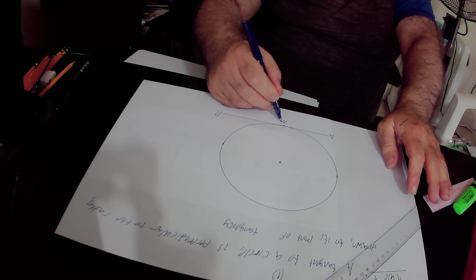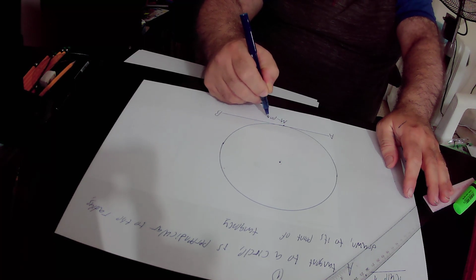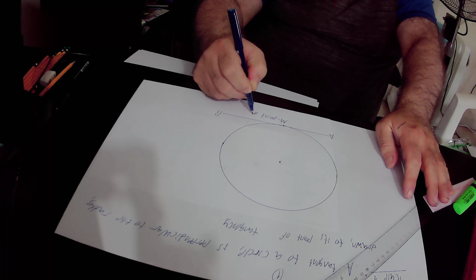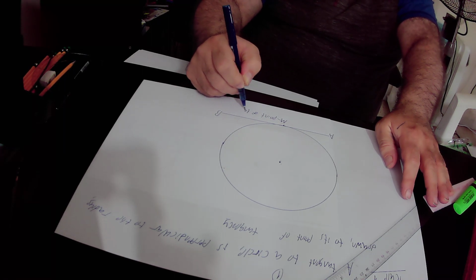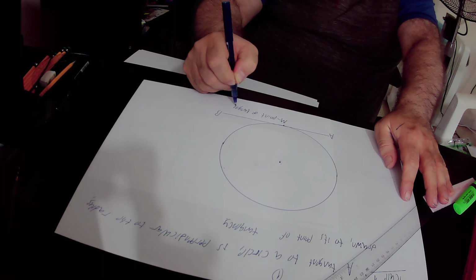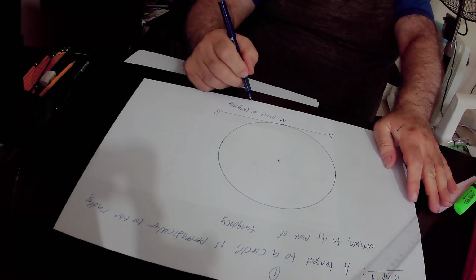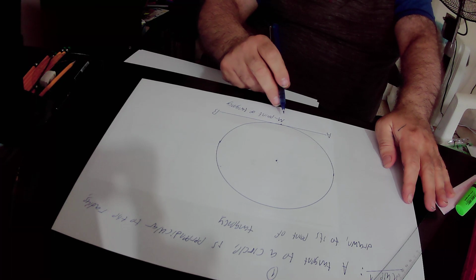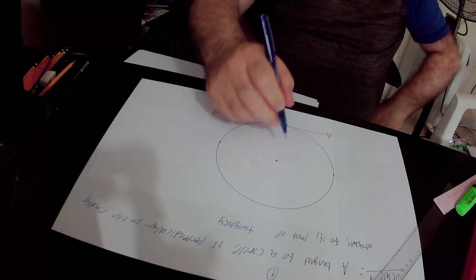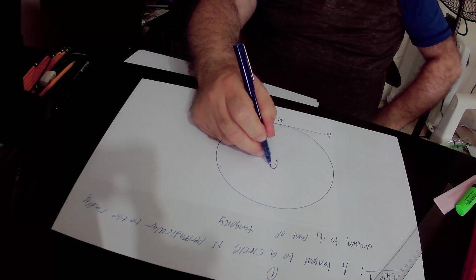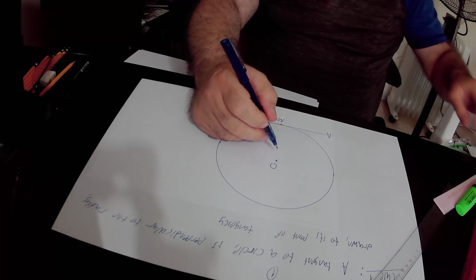Here point M is the point of tangency of tangent AB with this circle. Here point O is the center of this circle.